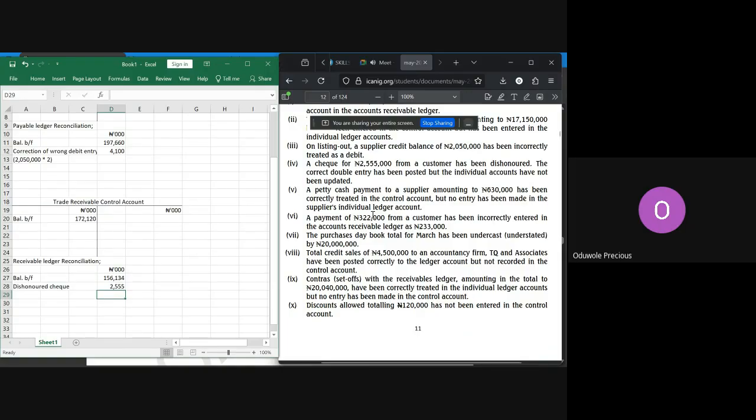Payments will decrease your debt, either it's petty cash payments. That's how much? That's 630, right? So this will be 630.